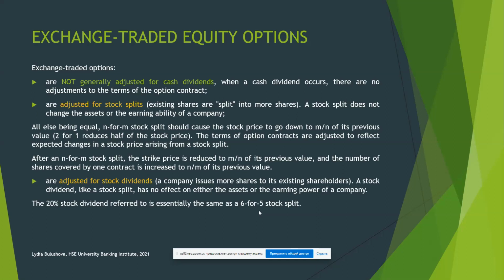So standardized contracts cannot be adjusted for something that is uncertain, and that's why they're not adjusted. So when a cash dividend occurs, there are no adjustments to the terms of the option contract.